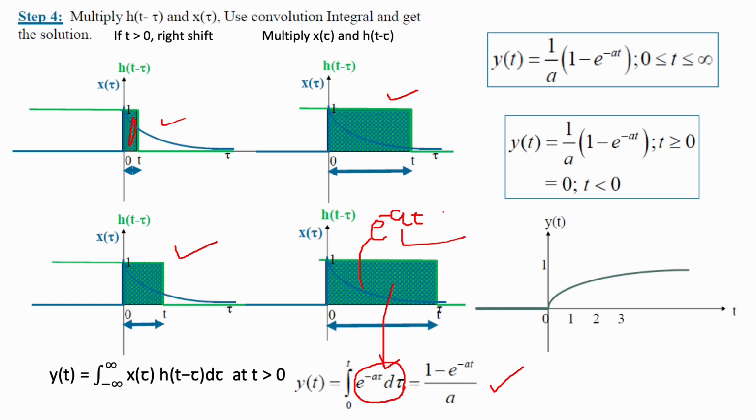At negative values, the amplitude becomes 0. If you take t equal to 0, the amplitude becomes 1. So this is the concept behind it. If you substitute all the values, you will get the waveform like this. So this is the convolution problem.